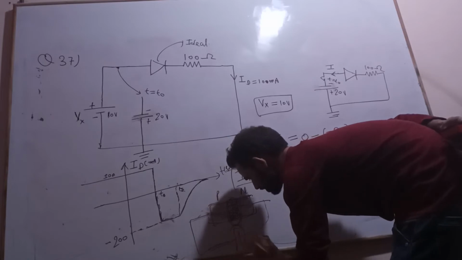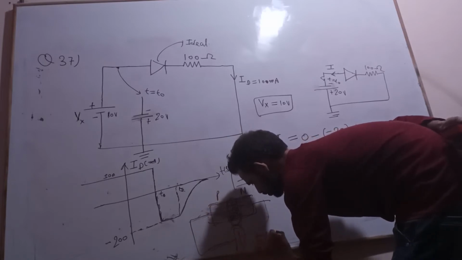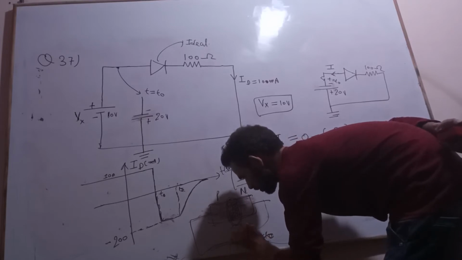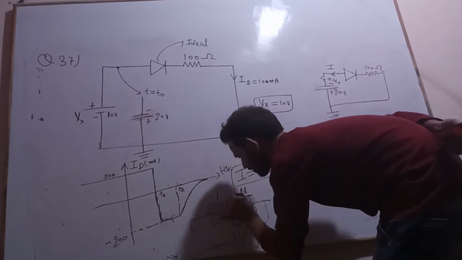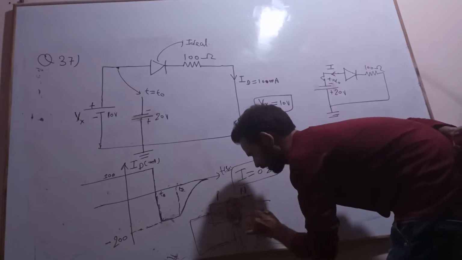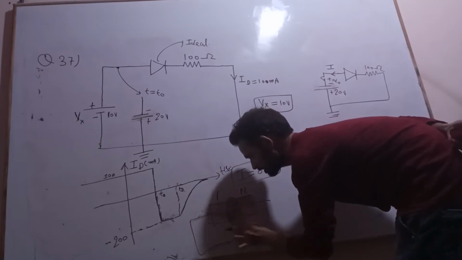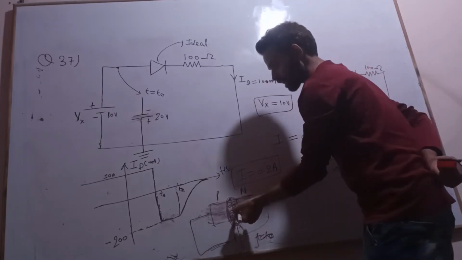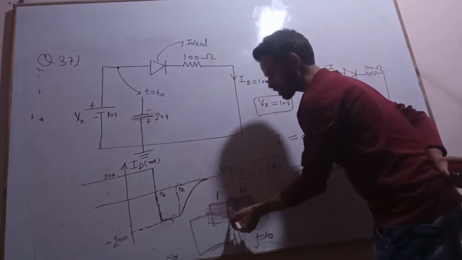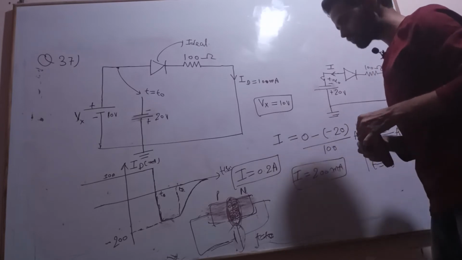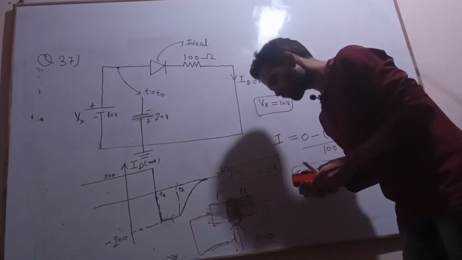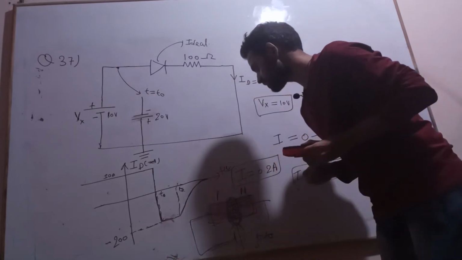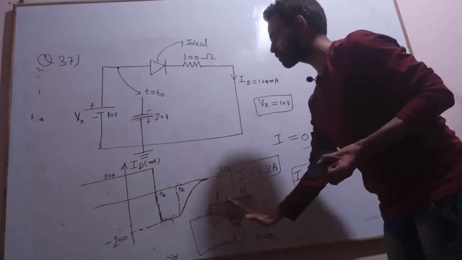At time t is equal to t naught, this diode has been replaced by reverse bias. At that time, the minority charge carriers stored within the depletion region, how much time will it take to remove them?